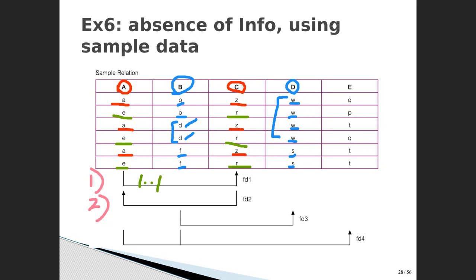We can find that if two values appear in A and B, that will find another value in E. So this is another functional dependency. If you look at it, you will find it.